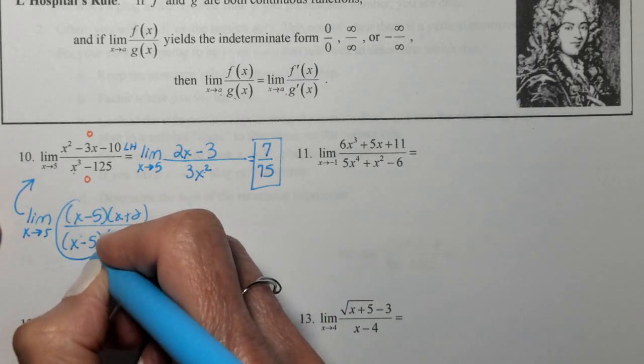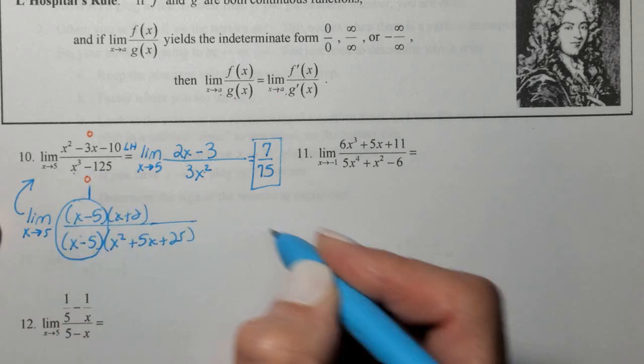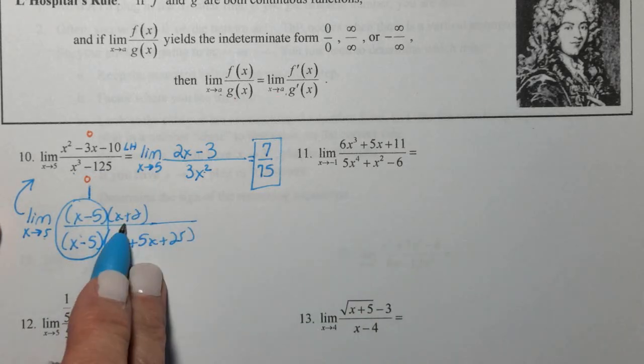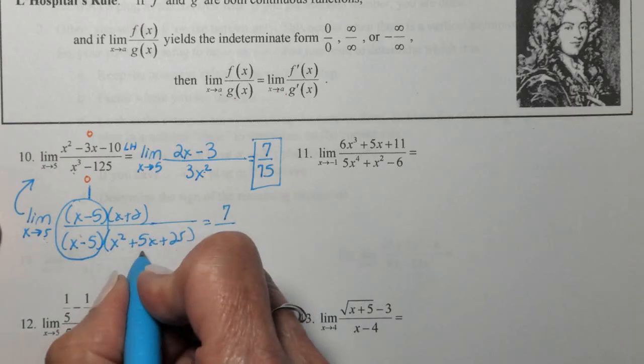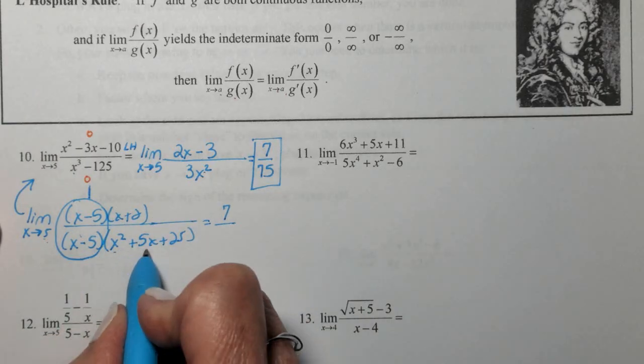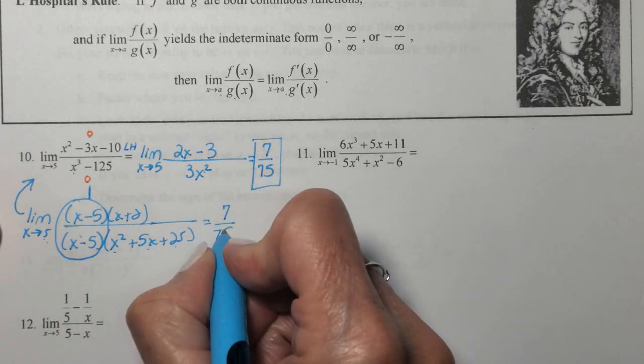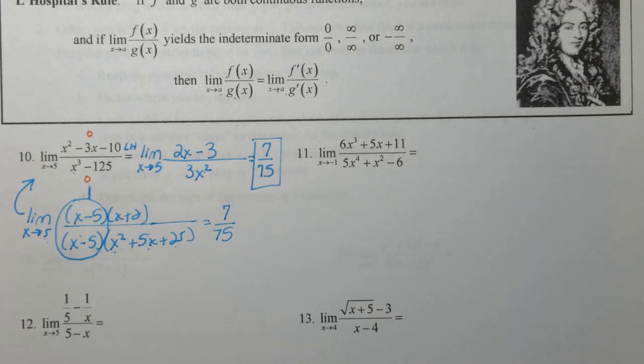The x minus 5's reduce to 1. I plug 5 into the remaining x's, and I get 7 over 25 plus 25 plus 25, 75. So, factoring and reducing works well too there. I think that L'Hopital's rule is just easier.